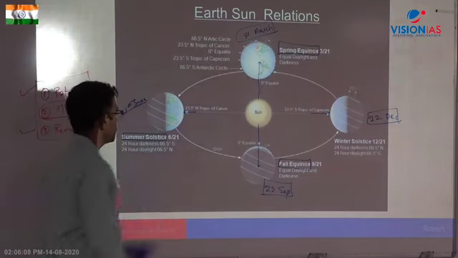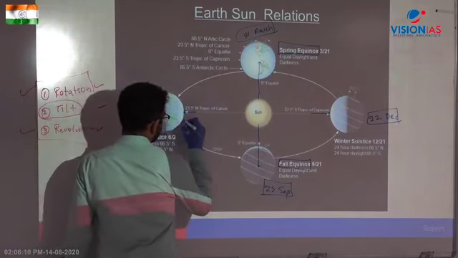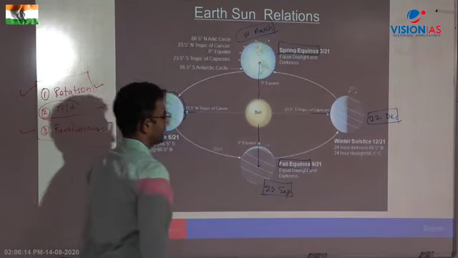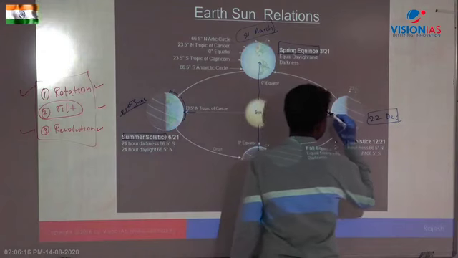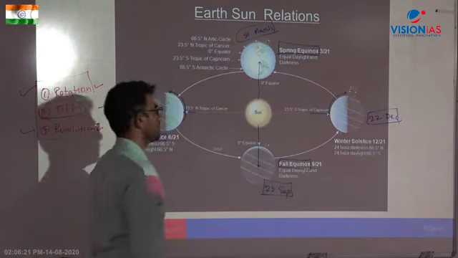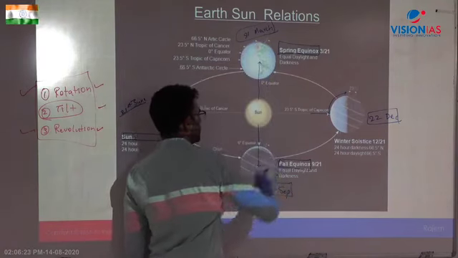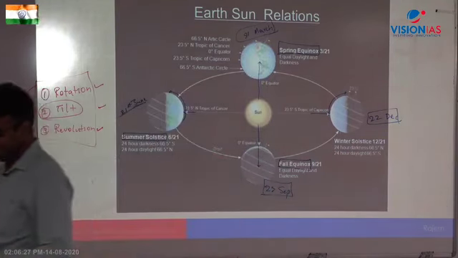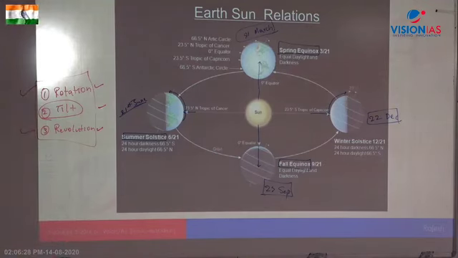In summer solstice, the length of the day starts to increase from equator towards the pole. In winter solstice, the length of the day starts to decrease from equator towards the pole. In equinox, the length of the day is the same all across the different latitudes.